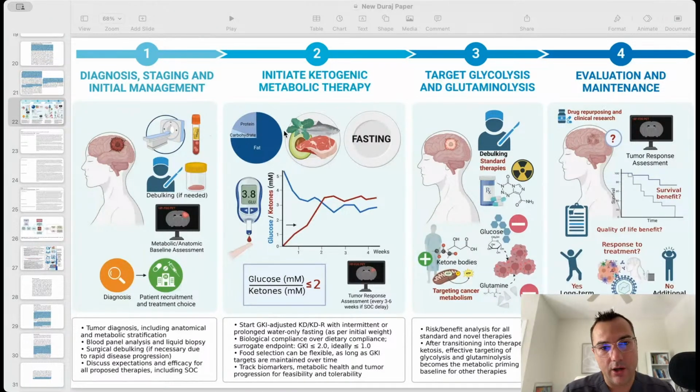And then here's the portion where I was talking about the fasting and the macronutrients, the fish and the steak and the avocado, the blood glucometer and the glucose ketone index, and also the touch-and-go, trying-to-get-it-figured-out situation in the first couple of weeks of starting the ketogenic diet and fasting, and then adding in the glucose and glutamine inhibitors.